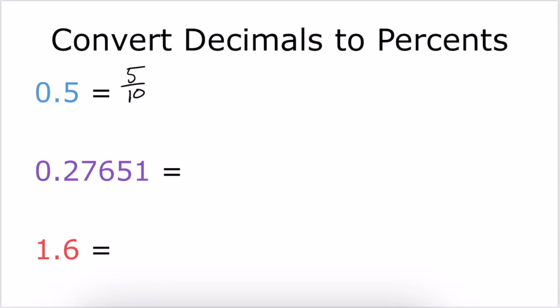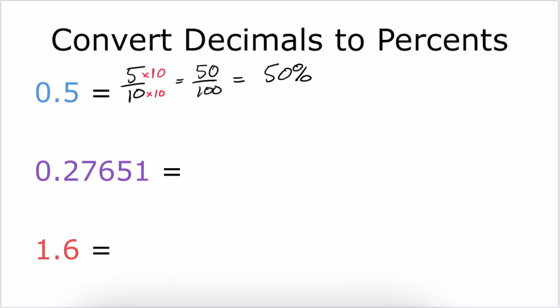So if I want to get a special fraction that has a denominator of 100, I can just multiply the top and the bottom of this by 10, and this gives me the fraction 50 hundredths, which is equivalent to 0.5, and that is 50% because that's 50 over 100.